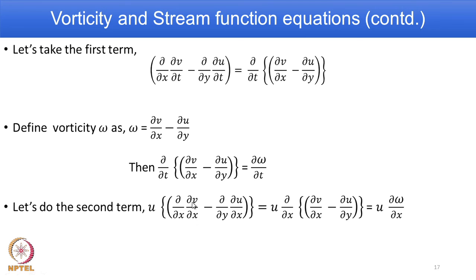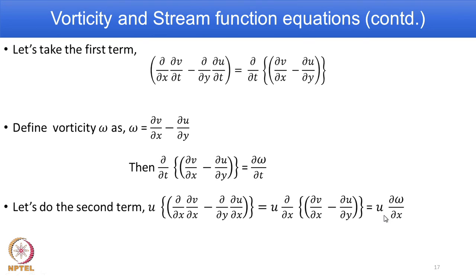Again, you can recognize ∂v/∂x, which is coming from the second term in the y momentum equation, take a partial derivative with respect to x, then ∂u/∂x, which is the second term in the x momentum equation, take a partial derivative with respect to y, subtract one from the other, then take a common term ∂/∂x outside, you get ∂v/∂x minus ∂u/∂y inside the bracket, and this term is same as what is shown here, ∂v/∂x minus ∂u/∂y, and we define that as a vorticity.